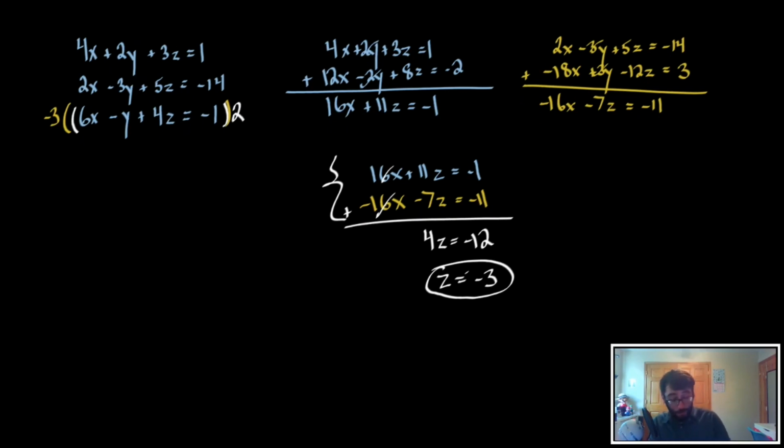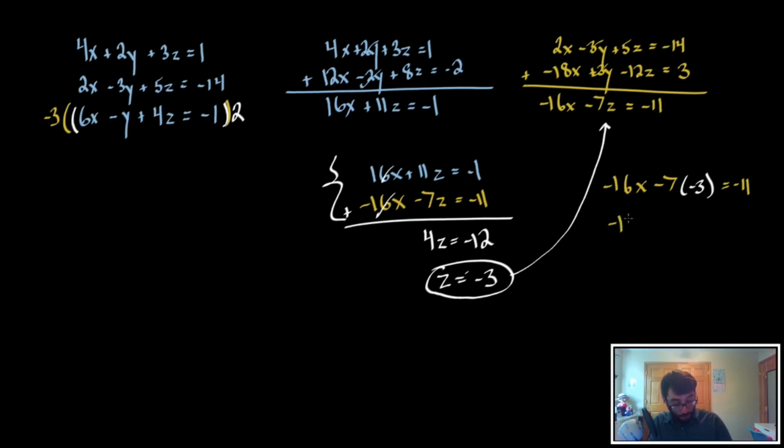So I'm going to go ahead and plug in z into, let's say, this equation. It doesn't matter which one, but I'm going to plug it in for this equation. So when I do that, I get negative 16x minus 7z, and z is negative 3, is equal to negative 11.